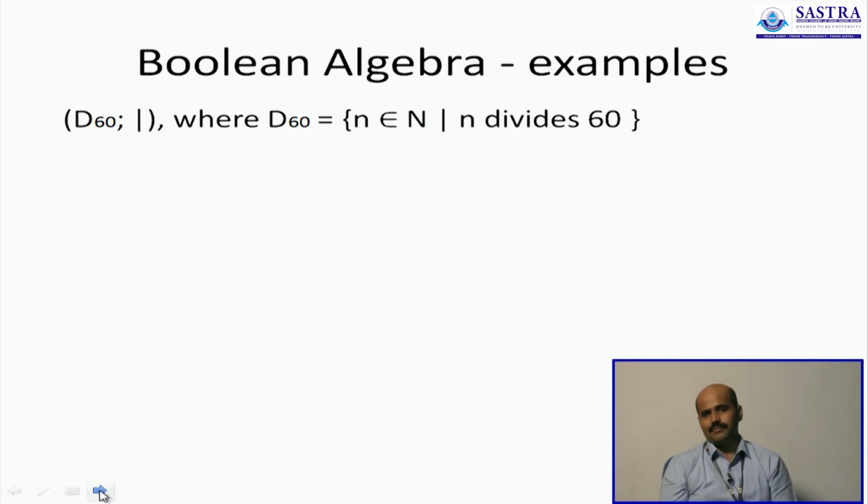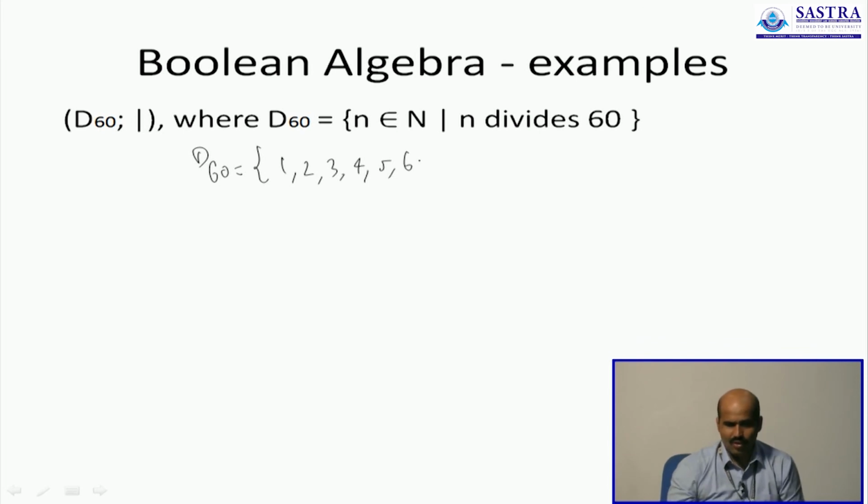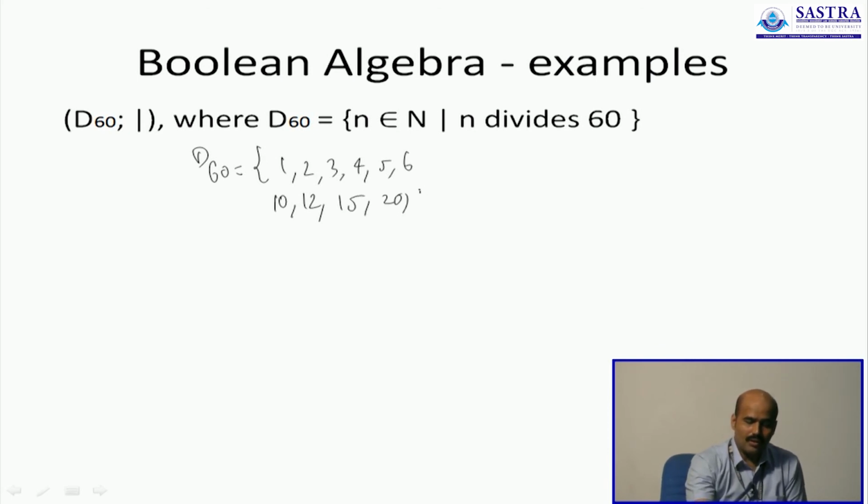What about 60? The problem with 60 is the number of elements. D60 will have 1, 2, 3, 4, 5, 6, 7, 8, 9 are ruled out, 10, 12, 15, 20, 30 and 1.